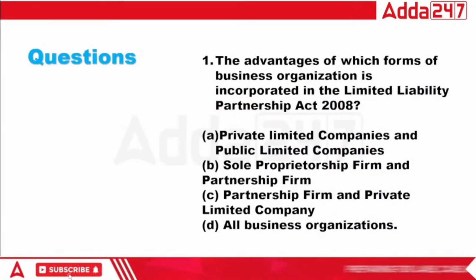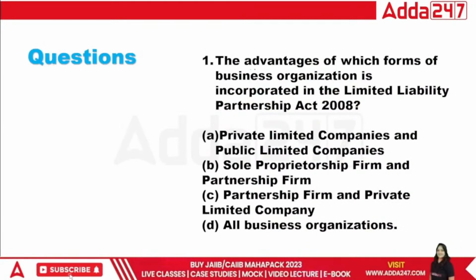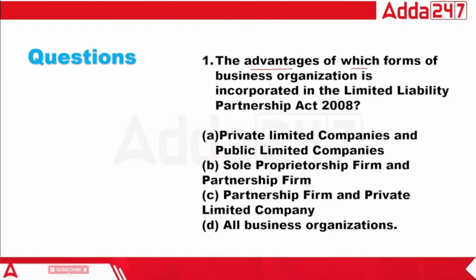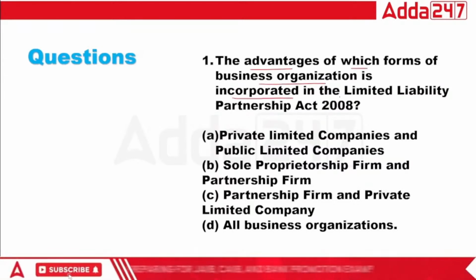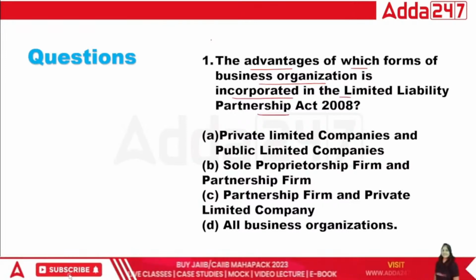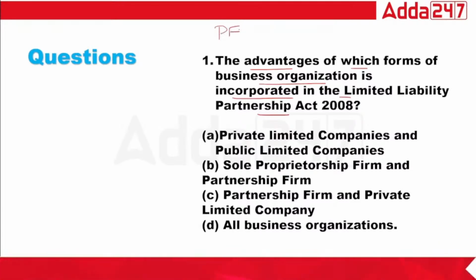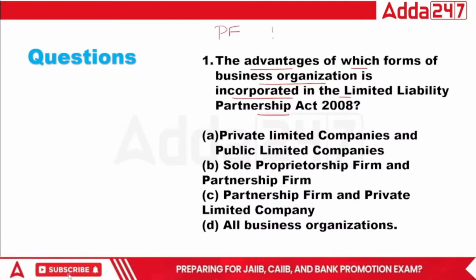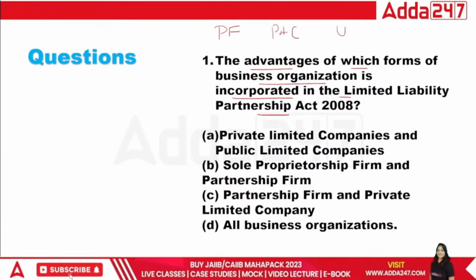Now, question. The advantages of which form of business organization are incorporated in LLP? It means in this paid class we have done that a partnership firm can convert into LLP, a private company can be converted into LLP, and an unlisted public company can convert into LLP.